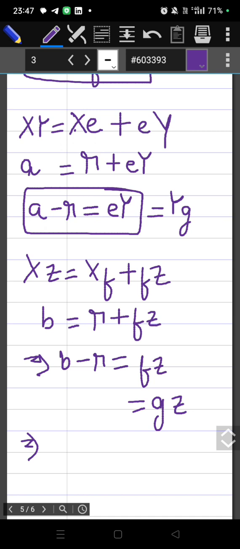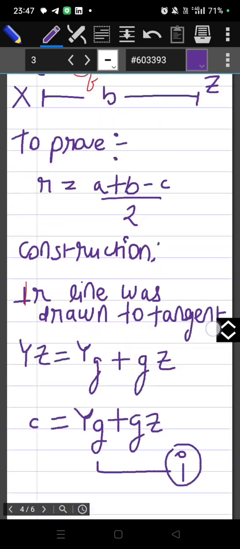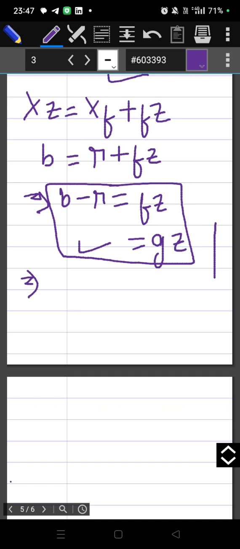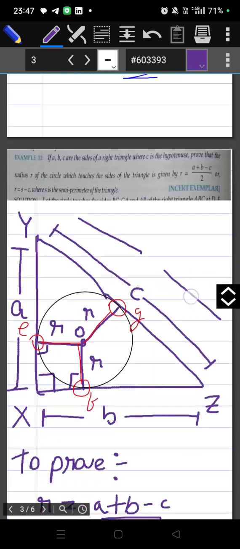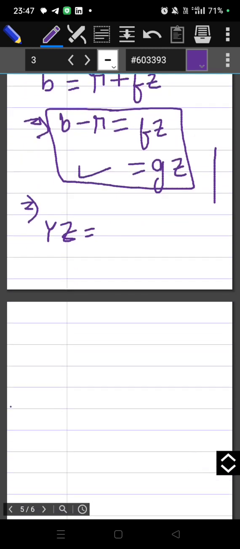So now substituting this result and this result, what we will get for YZ, as we have already defined that YZ is YC plus CZ.